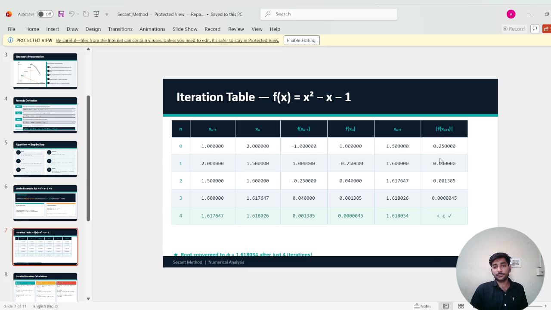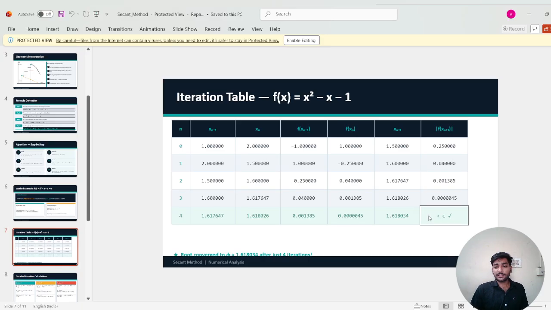Here we get f of x(n+1) more than e, then again we have to update the value of x(n-1) by x(n), and x(n) by x(n+1), and then again we will repeat the process.